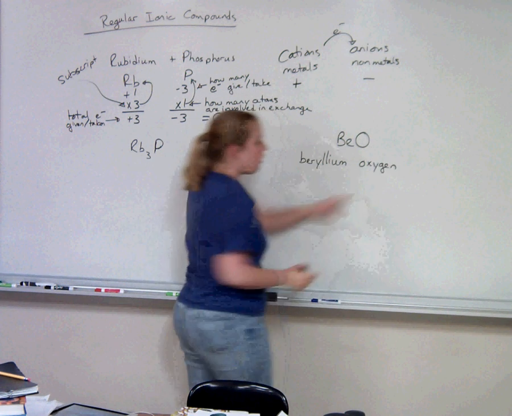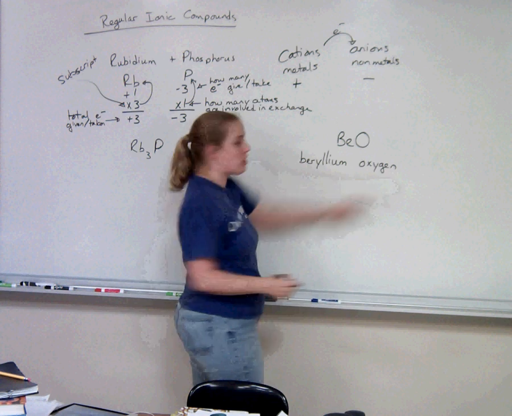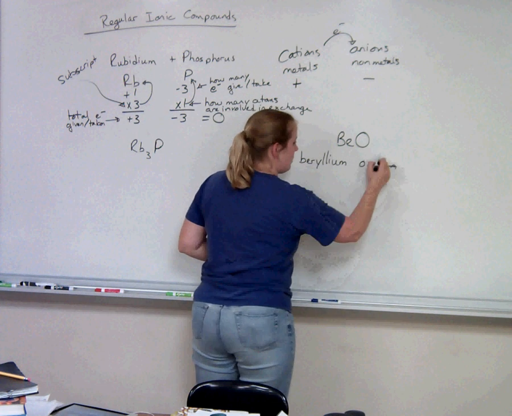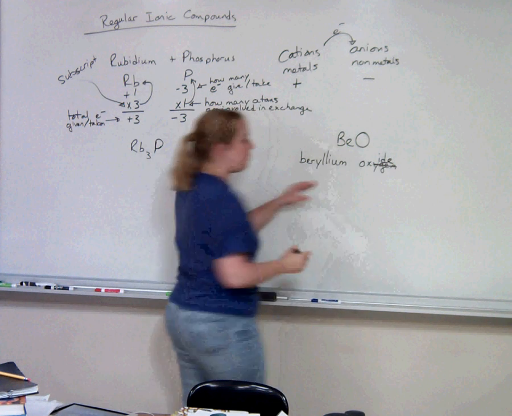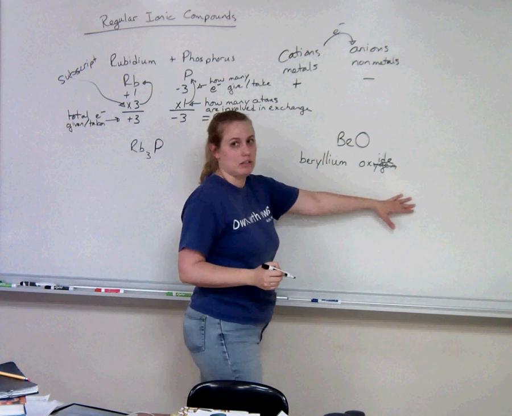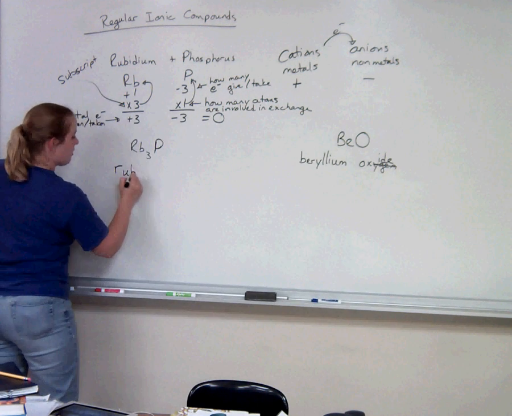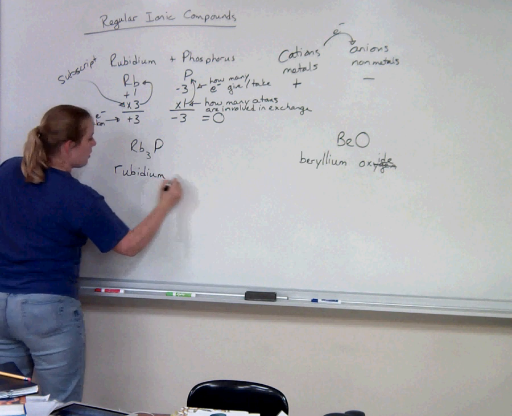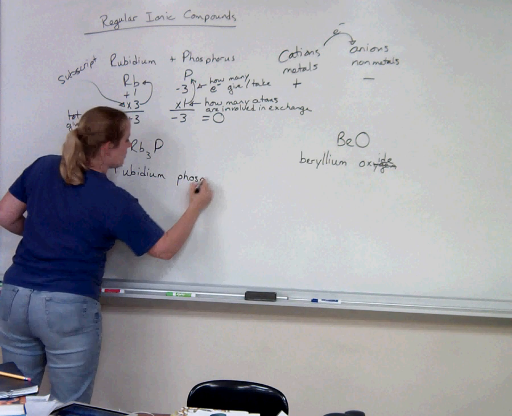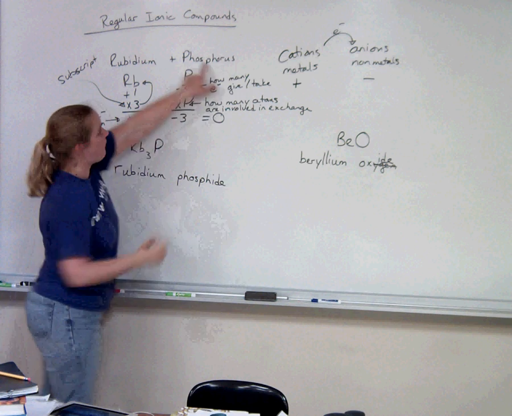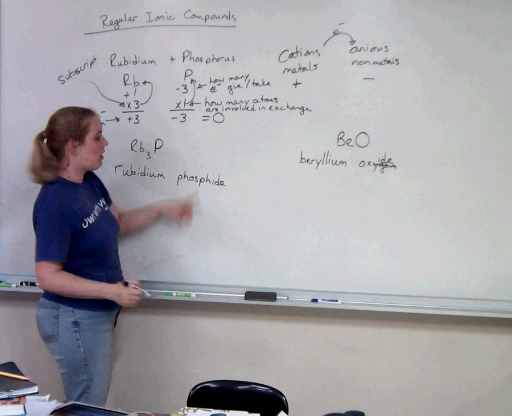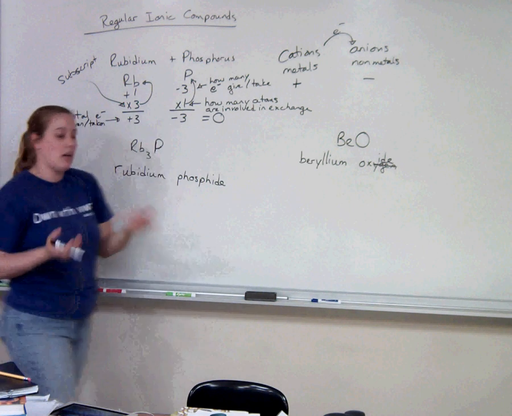However, for the anion, you have to change the ending to "ide." So this becomes beryllium oxide. This one would be rubidium phosphide. We change the phosphorus, take off the "orus," and put on "ide": rubidium phosphide. And that's all you do for naming.